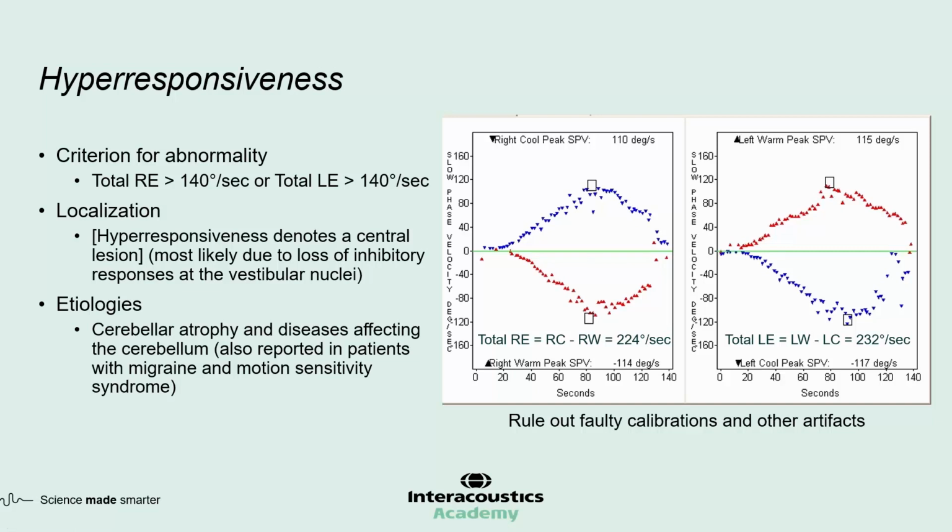It's also been reported, at least not to this level, but to a lesser extent, in patients with migraine and motion sensitivity syndrome, which is understandable because there is some cerebellum involvement in these patients, so one would expect strong responses to caloric irrigations.